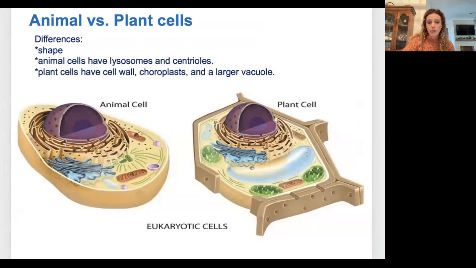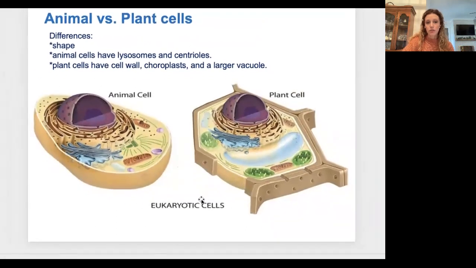A couple of things that I want to go over. What's the big difference between an animal cell and a plant cell? First of all, their shapes are different. Animal cells are going to have lysosomes and centrioles, where the lysosomes are these purple disc-like objects right here, and the centrioles are these spindle fibers.